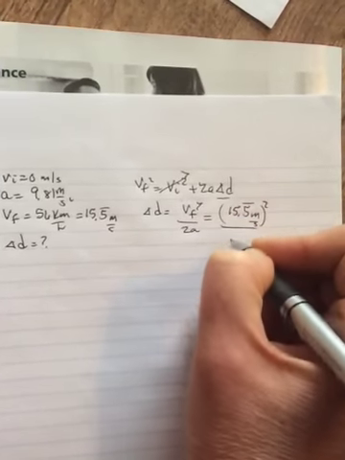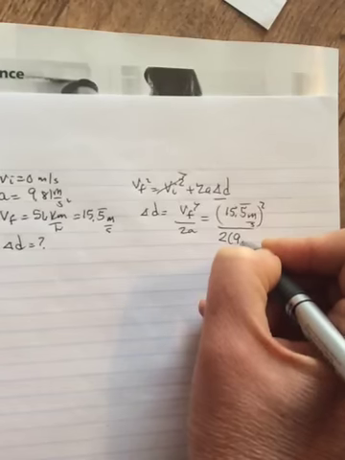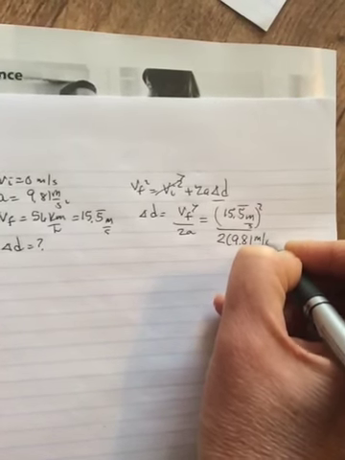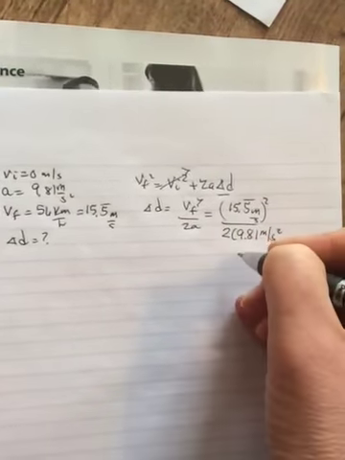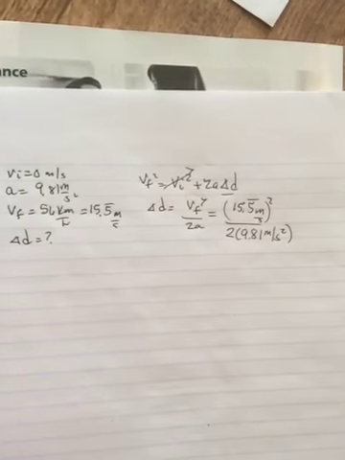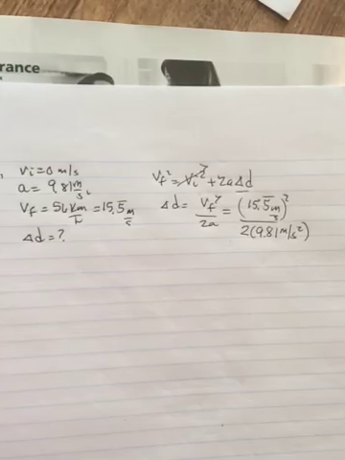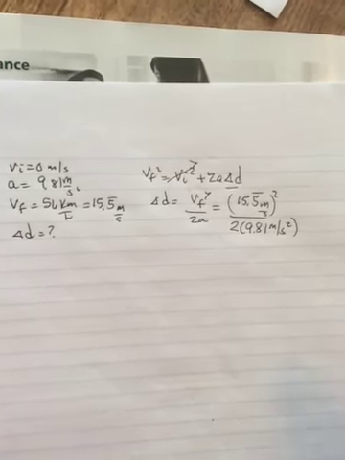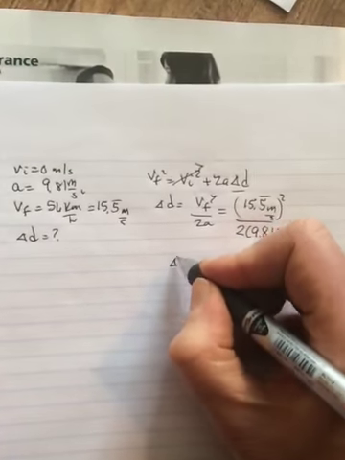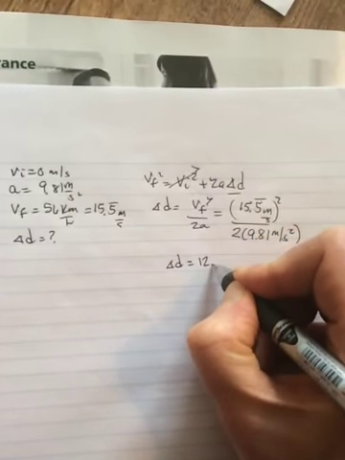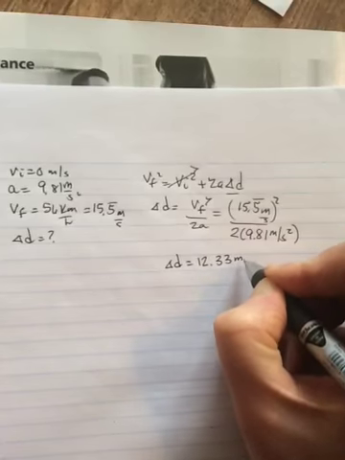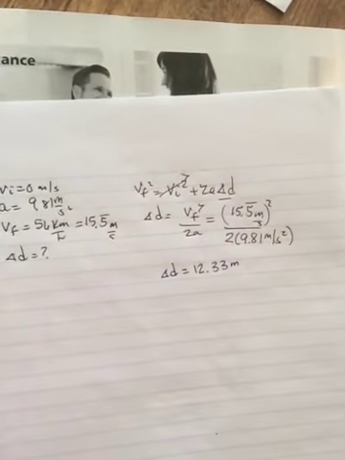Don't forget to square that 15.5 and then divide it by 19.62. Whoops, close the bracket. So squared, divide by 19.62, and you get maybe 12.33 is the height.